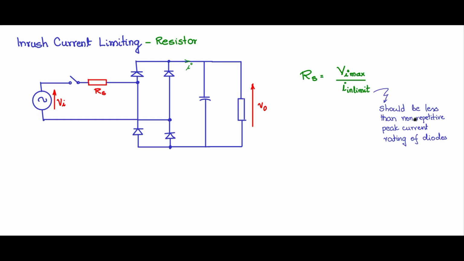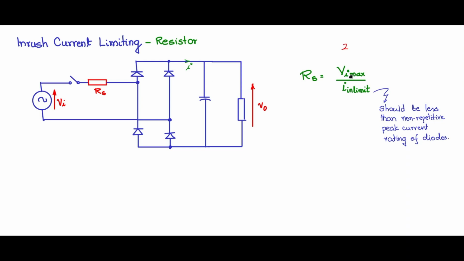So once you have selected a diode, let us say it has a non-repetitive peak current of 50 amps, then you can choose I in limit at around 45 amps or even 50 amps, so that you are within the safe limits during the steady state operation.